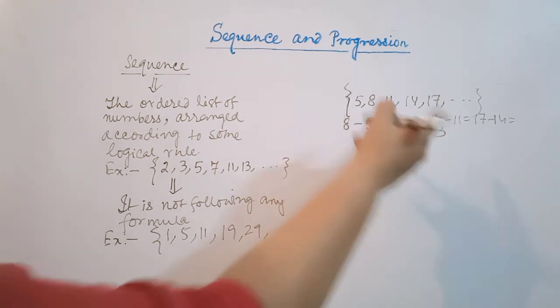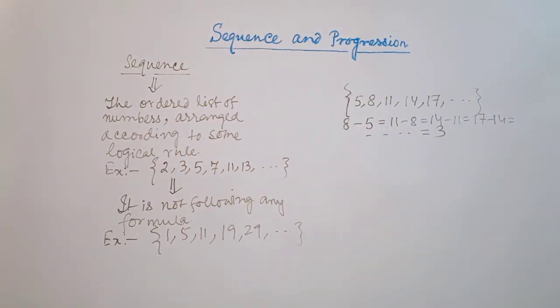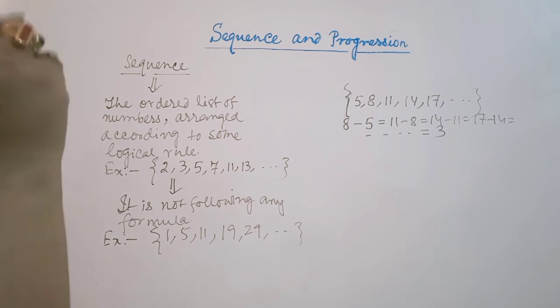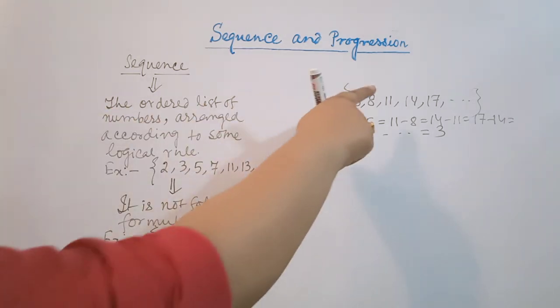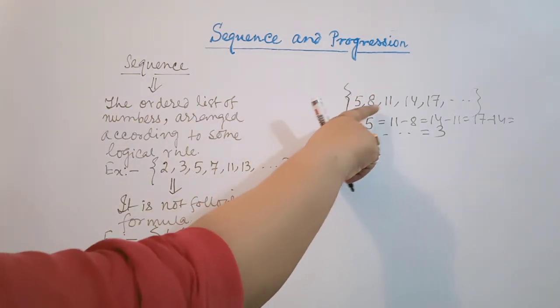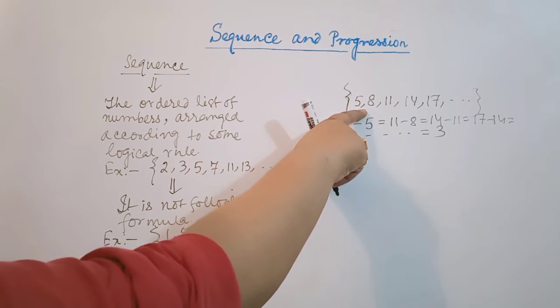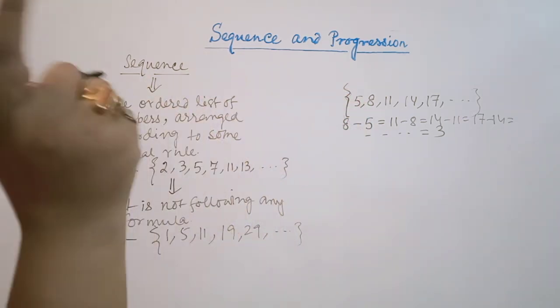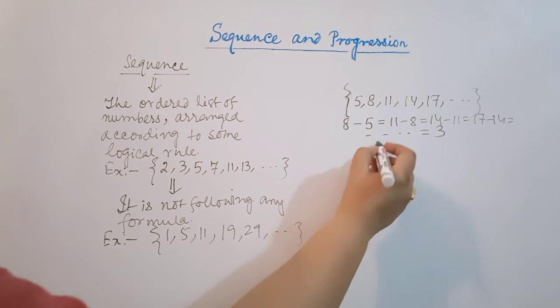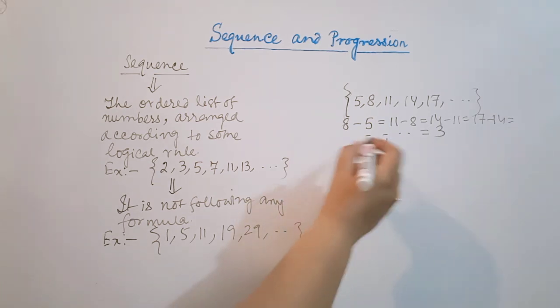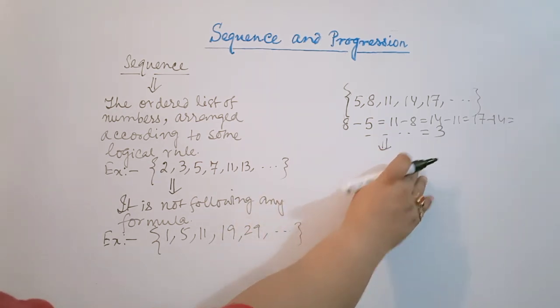Hence, all the differences are equal to the specific number 3. So here we find that the terms of this particular sequence are following a specific formula. That is, they are arranged with a definite arrangement.